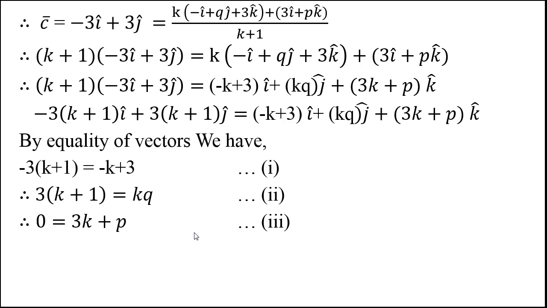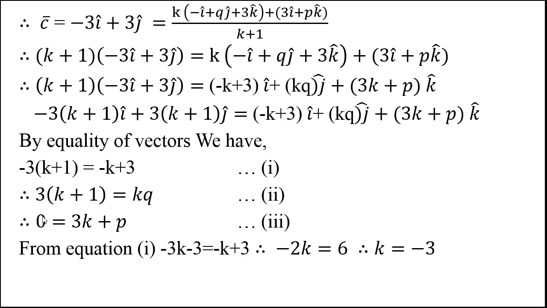Finally we compare them, and comparing them we get the value of k. From this first equation, by equating coefficients of i, here the coefficient of i is minus k plus 3, and on this side the coefficient of i is minus 3k plus 1.